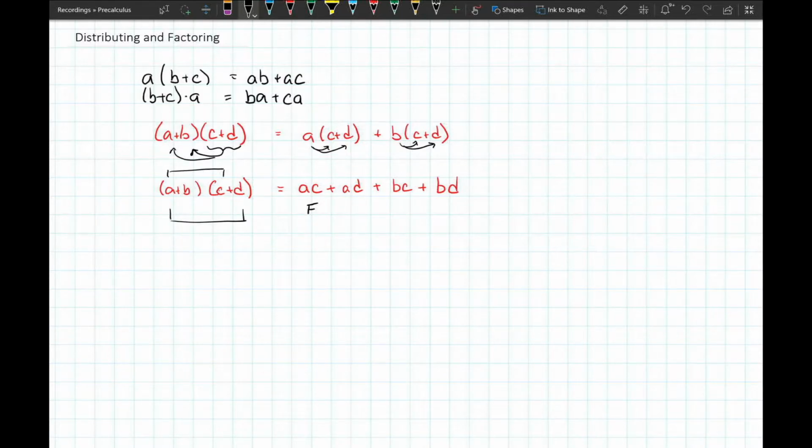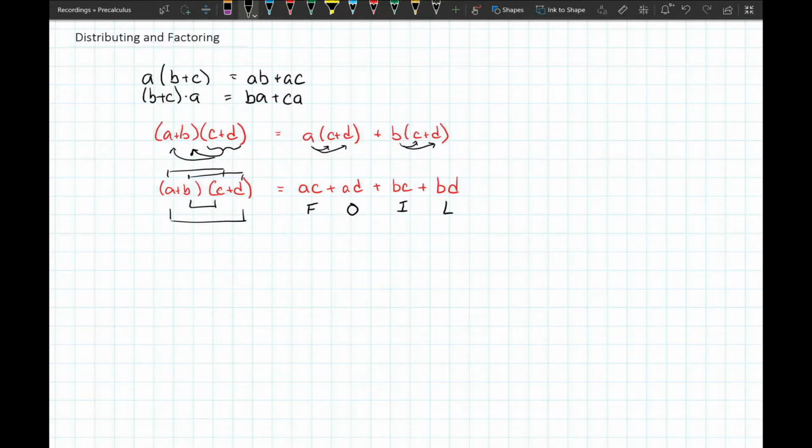Those happen to be the outside terms in both sets of brackets, so we can denote that with an O for outside. B and C need to be multiplied together. Those 2 values are the inside terms in both sets of brackets, so we denote that with an I for inside. And then B and D need to be multiplied together. Those are the last terms in both sets of brackets, so we denote that with an L for last.